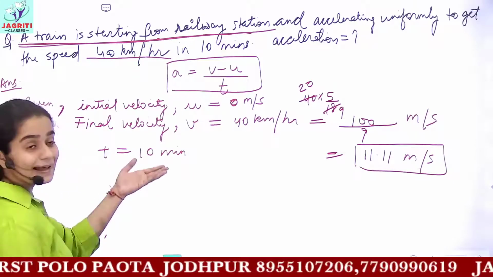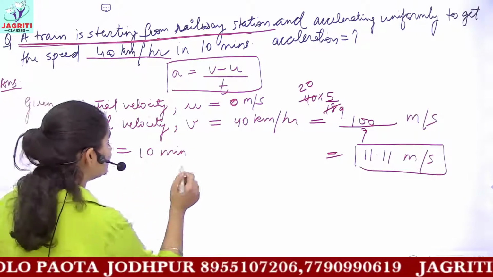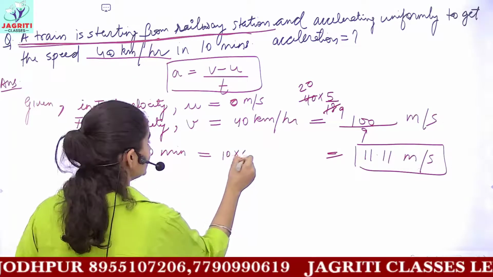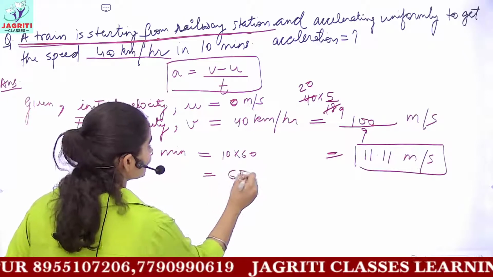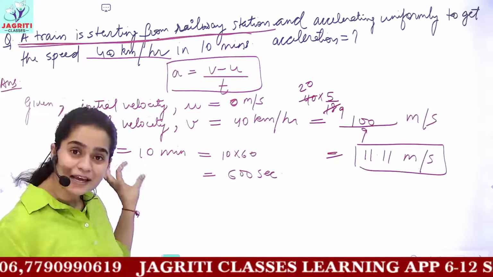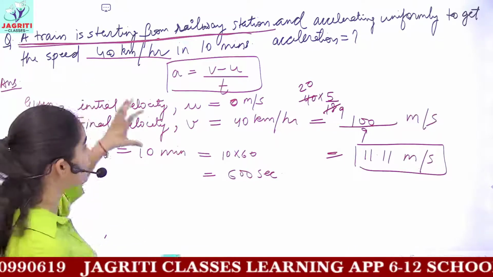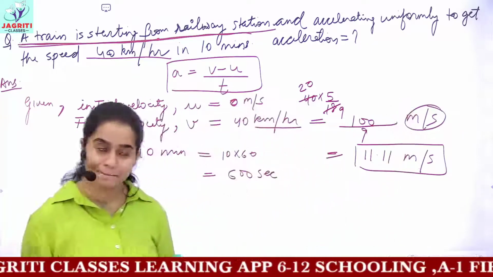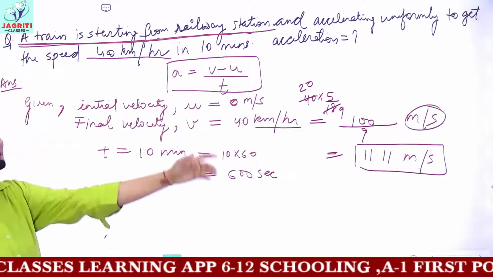You know that the SI unit is second. So 1 minute is 60 seconds. Then 10 minutes would be 10 into 60, which would be 600 seconds. So the conversion factor for time and the conversion of velocities from kilometer per hour into meter per second is important. Then next, now we have to find the acceleration.